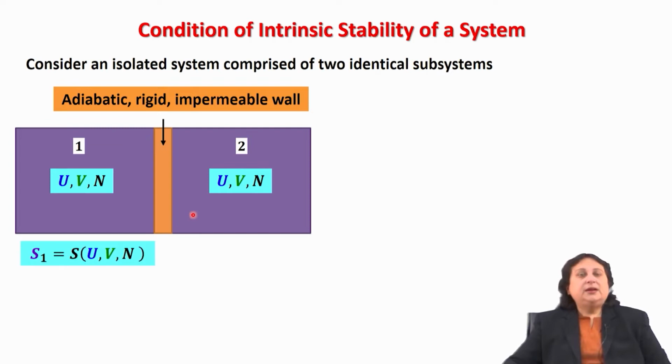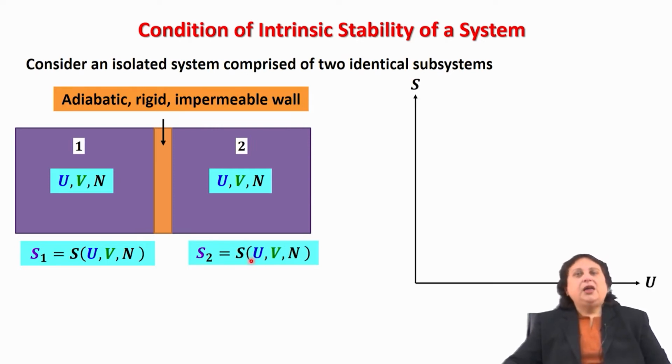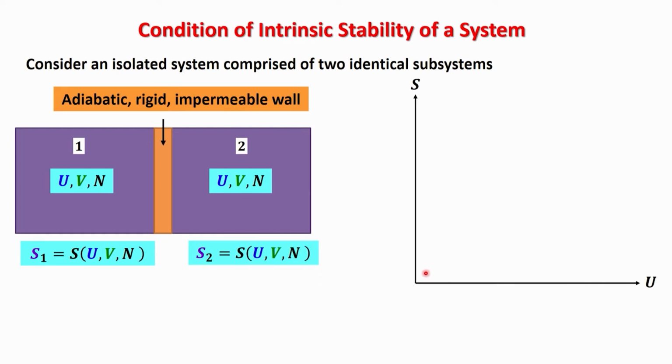Okay. Then under this condition, the entropy of compartment 1 would be some function of the values of U, V, N, and S2, that is the entropy of compartment 2 under the given conditions, will be the same function of the same values of U, V, N. Therefore, if I now want to make a plot, I am plotting U along the x axis and S along the y axis.